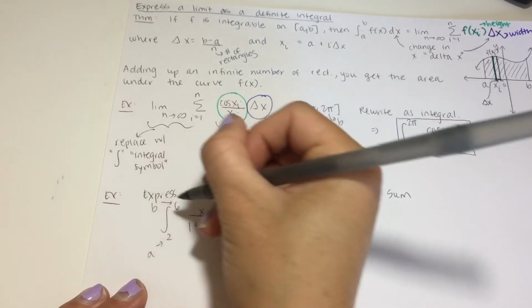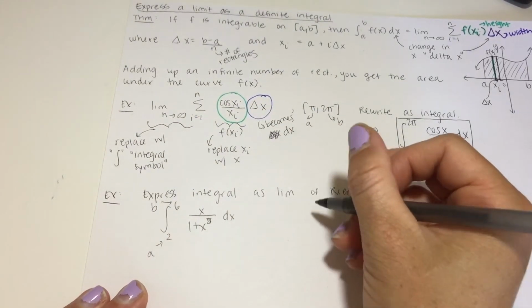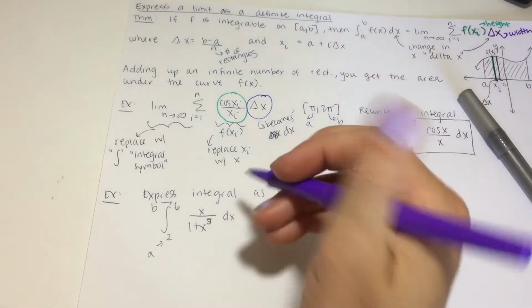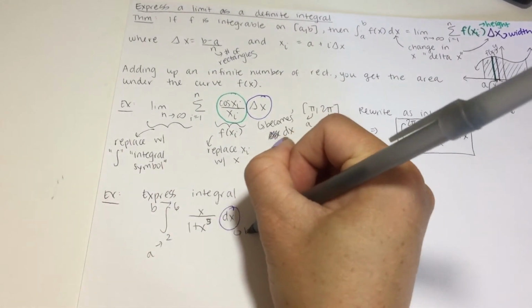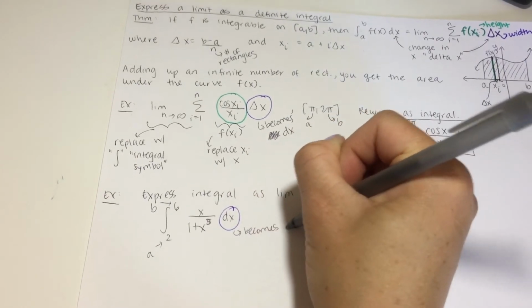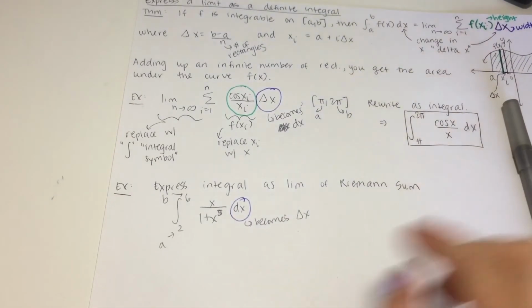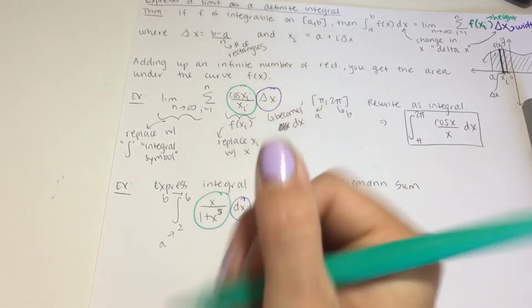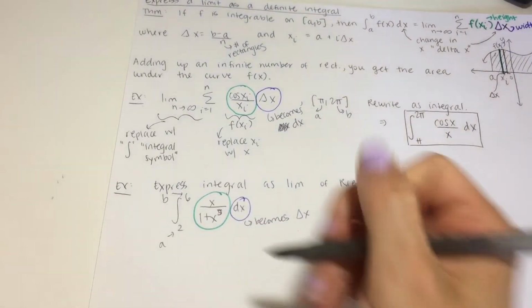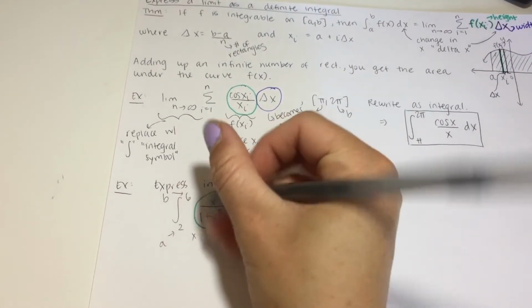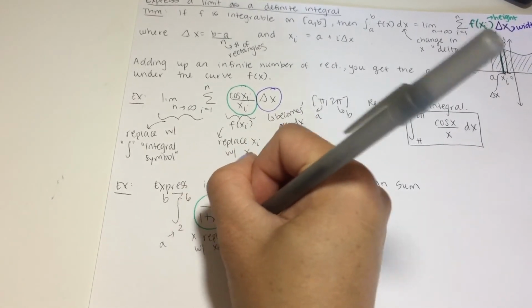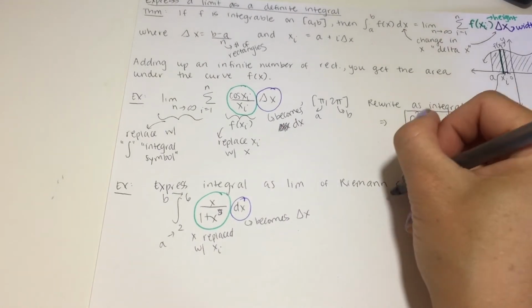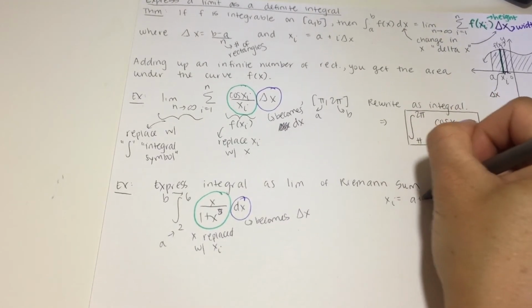We know off the top that our a and b are 2 and 6. We know that our dx is going to be converted into delta x. And that first portion is our f of x function. So we'll replace our x values with our xi value.